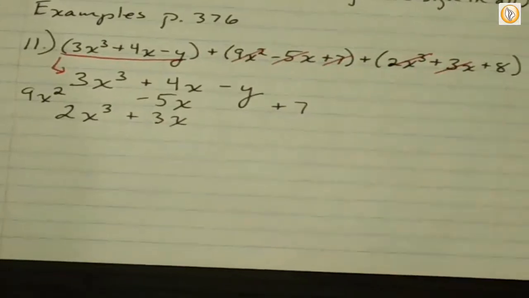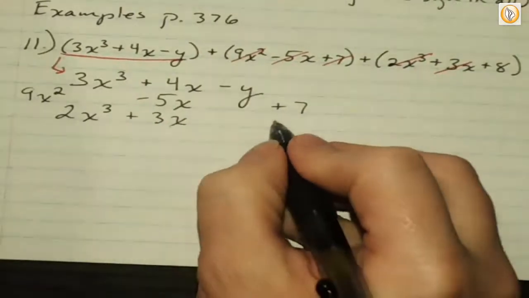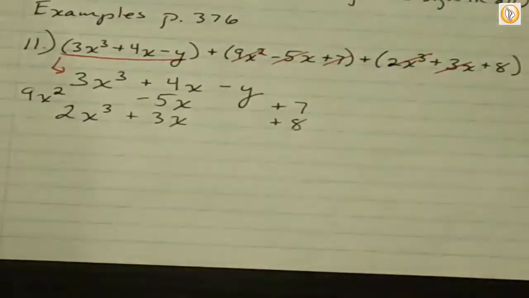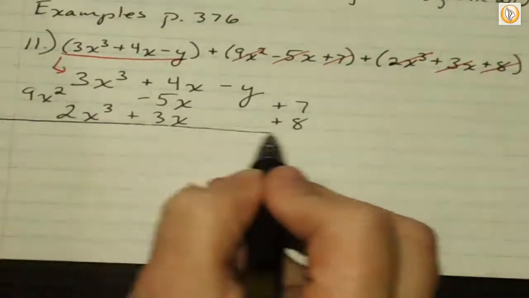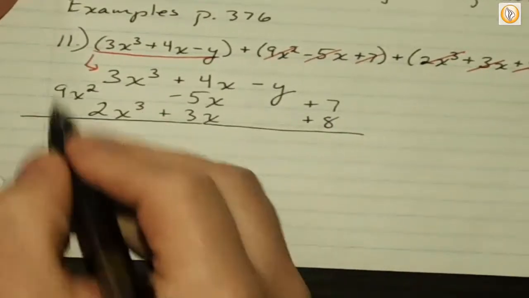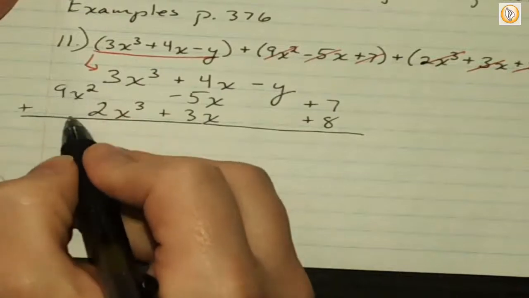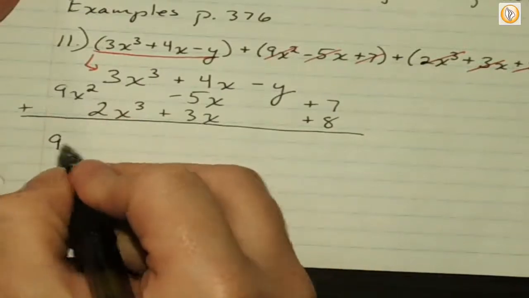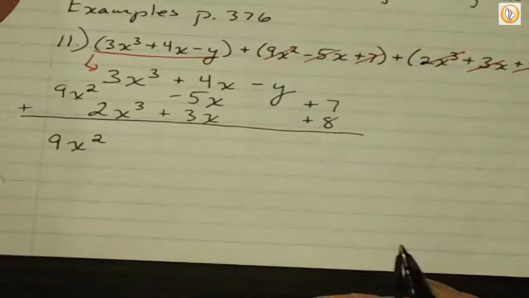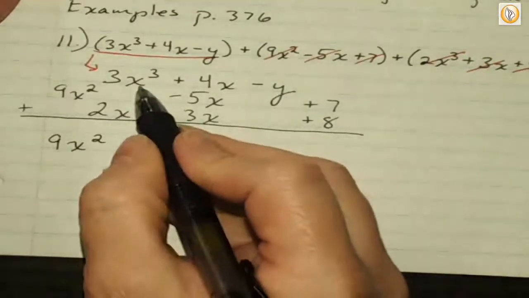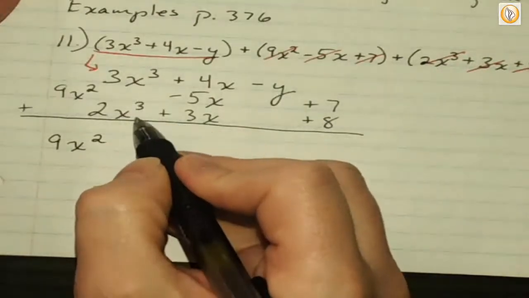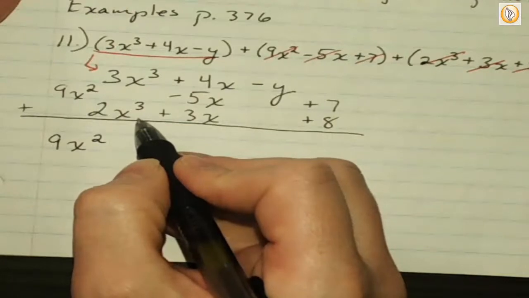And then my 8, Cecilia. Under the 7 plus 8. Now, basically, I'm combining or adding. 9x squared cannot be combined with anything, so I'm just going to write 9x squared. 3x cubed and 2x cubed, Emily, is what?